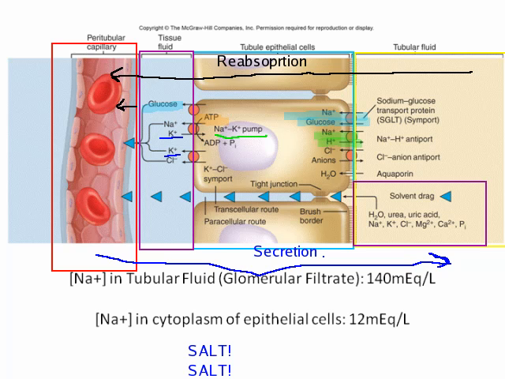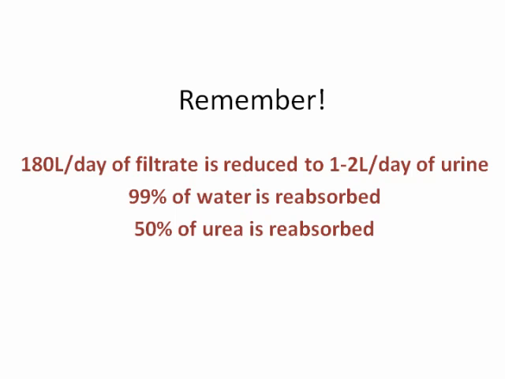But here's the key. Why do we do all of this extra work? Why are we filtering and reabsorbing and secreting all the same substance back and forth? If we got rid of it, get rid of it. It comes down to this. The kidneys are filtering 180 liters a day of filtrate. That is a huge amount of fluid.